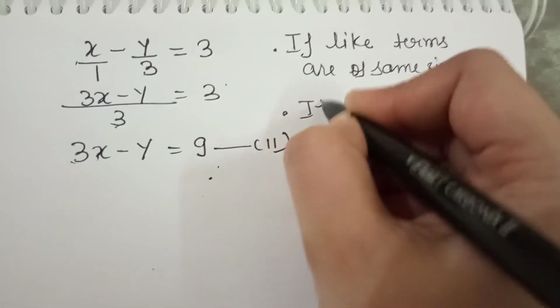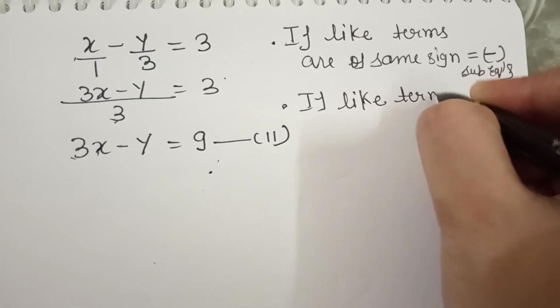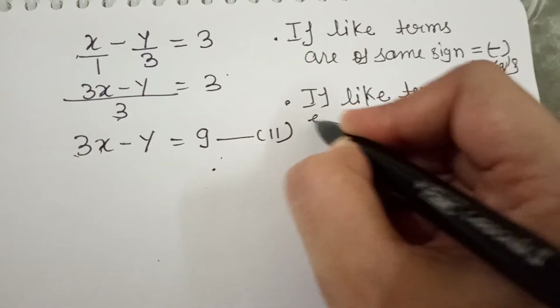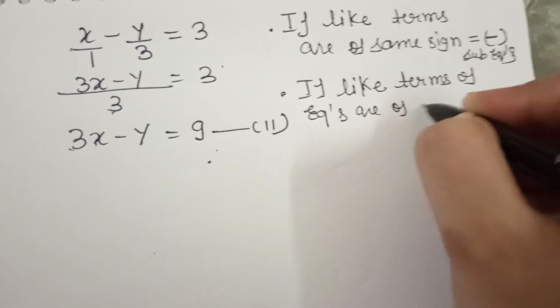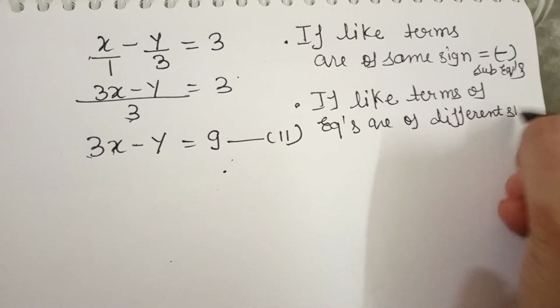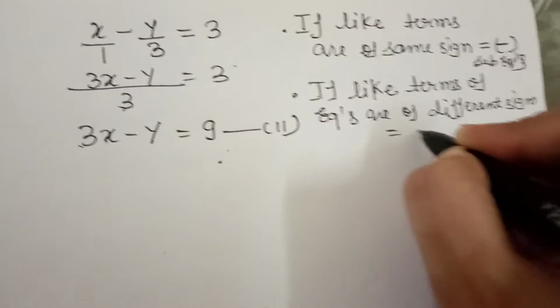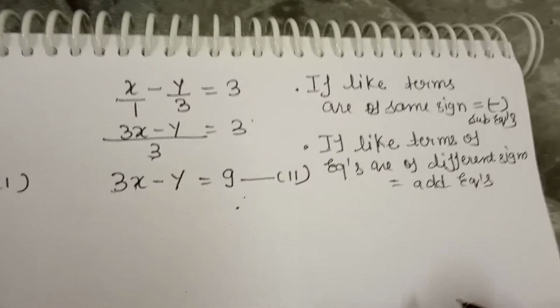If like terms of both the equations are of different sign, then add equations. ठीक है, ये होता है.